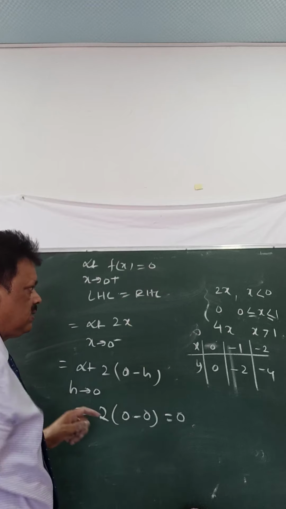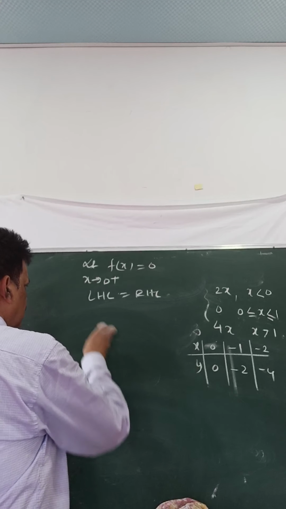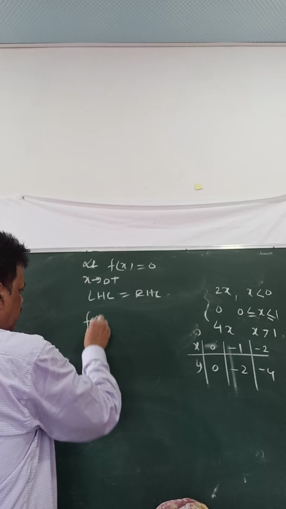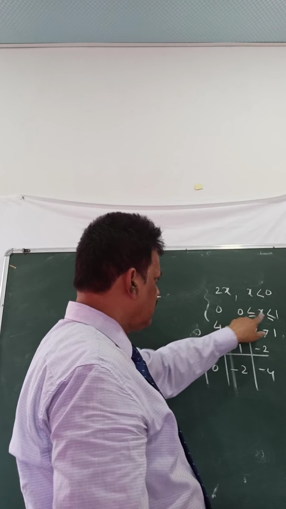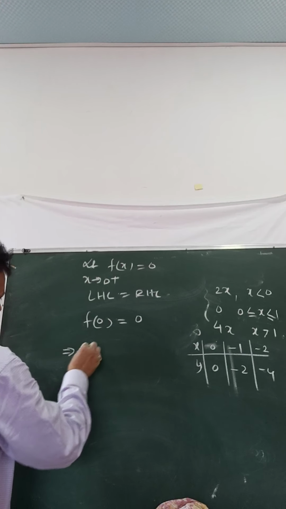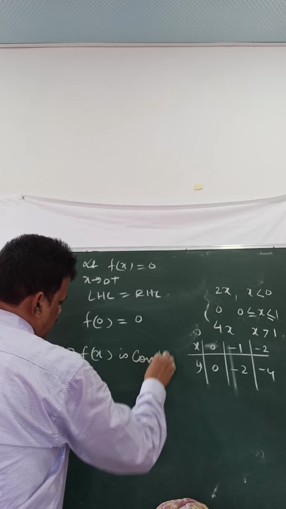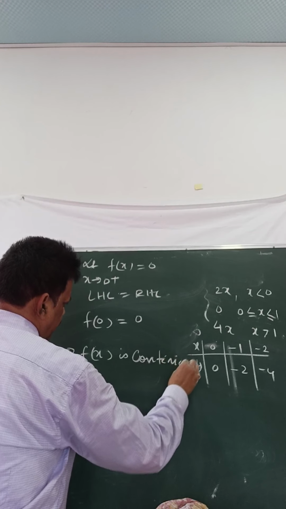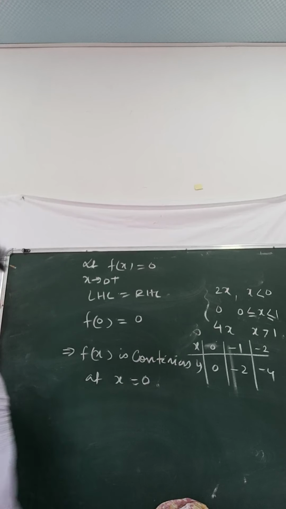The limit exists. Then the functional value, f(0), when you put x equals 0, is also 0. So f(x) is continuous at x equals 0.